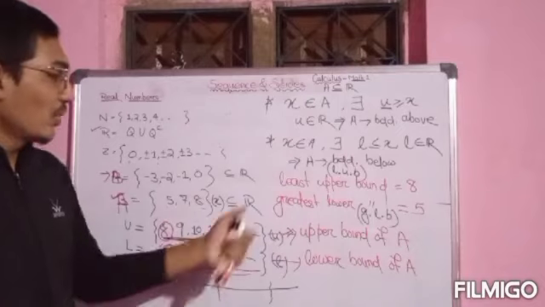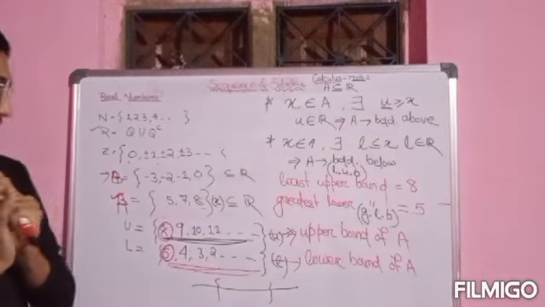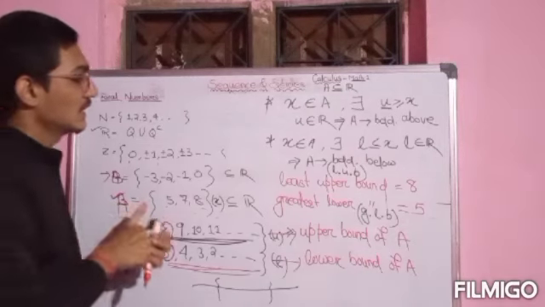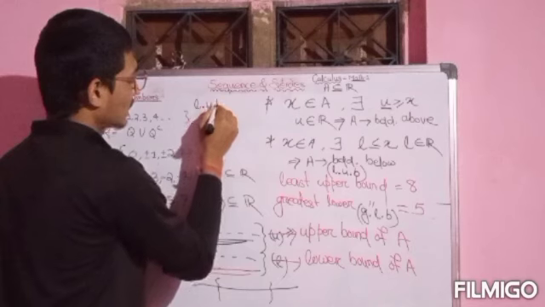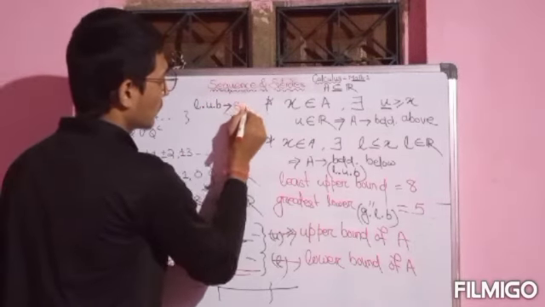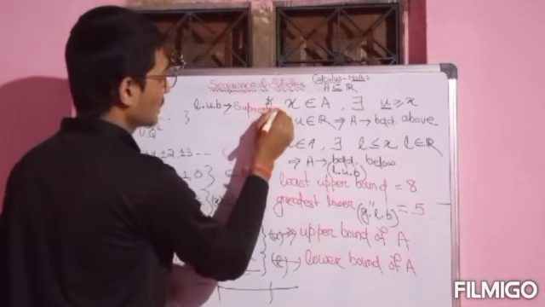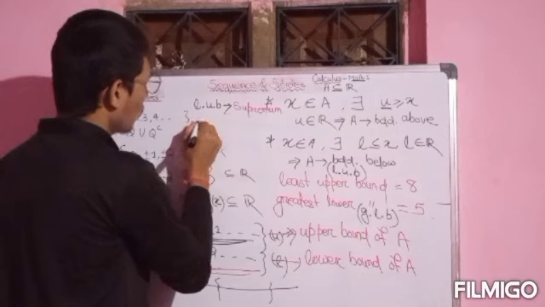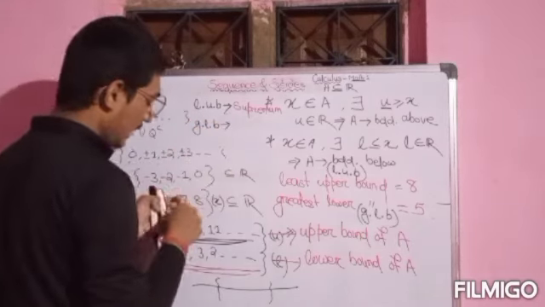Least upper bound and greatest lower bound, these names are very big. We'll use short names.